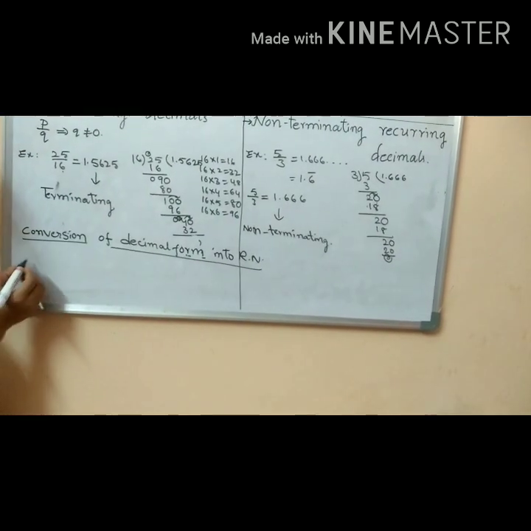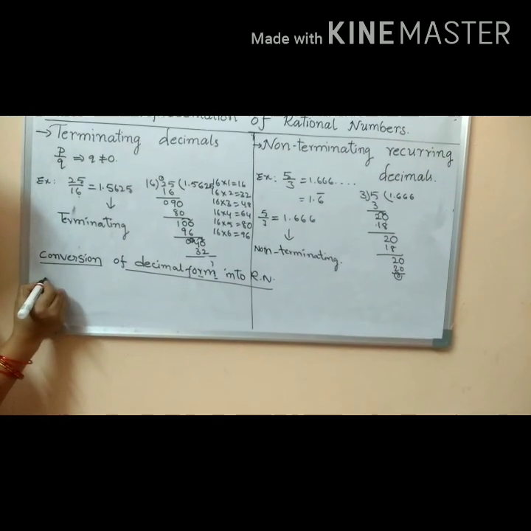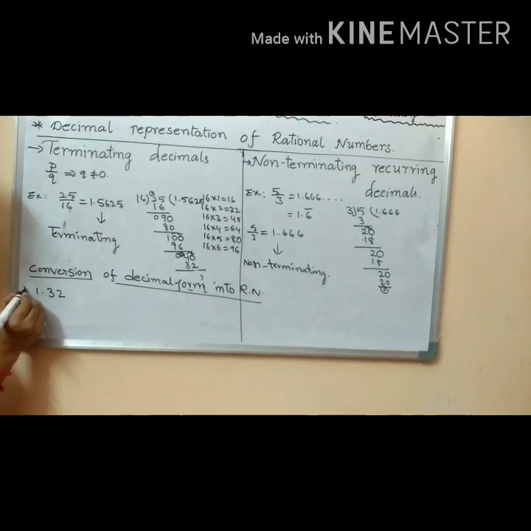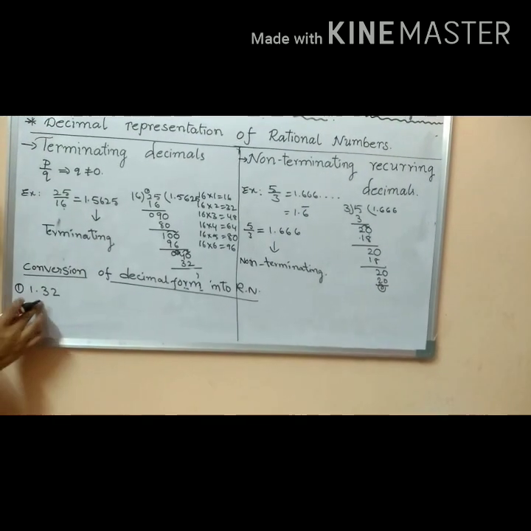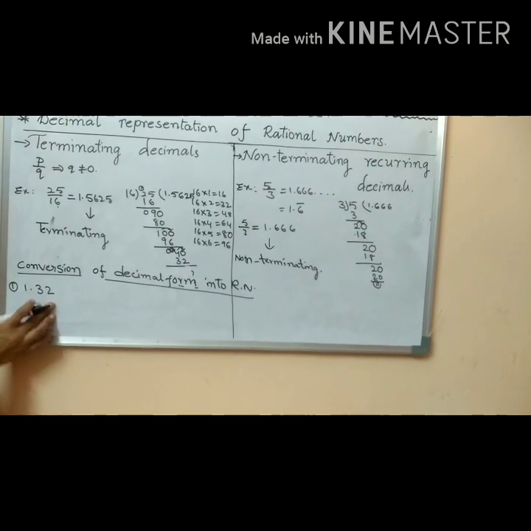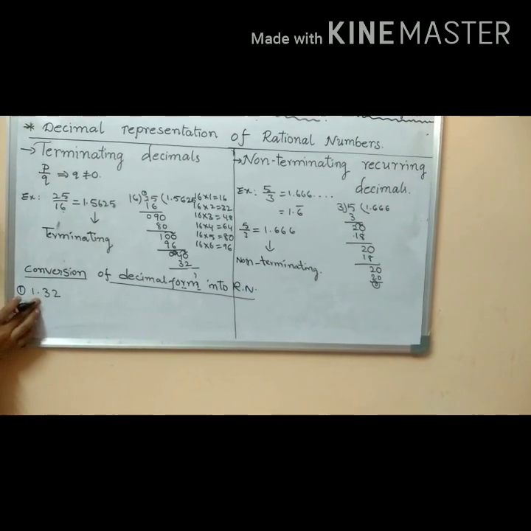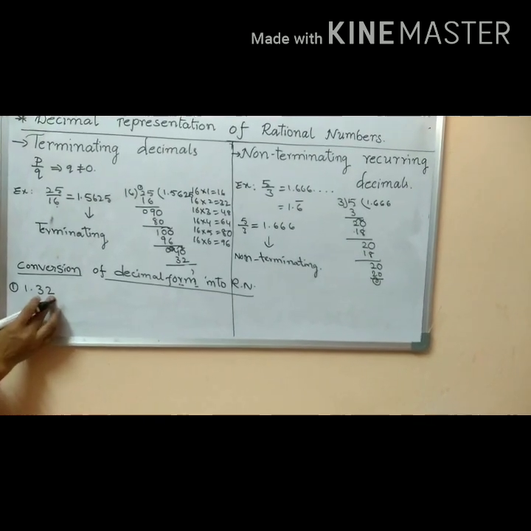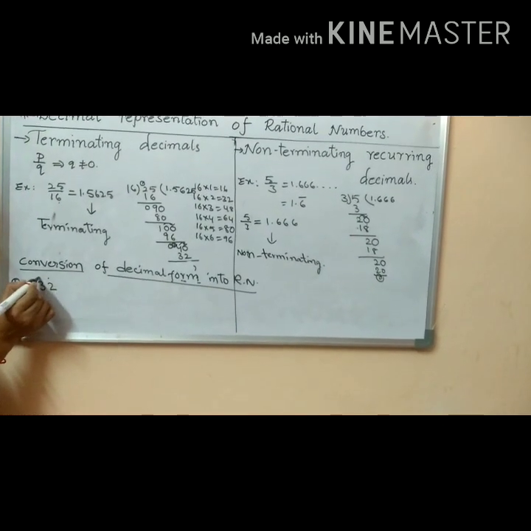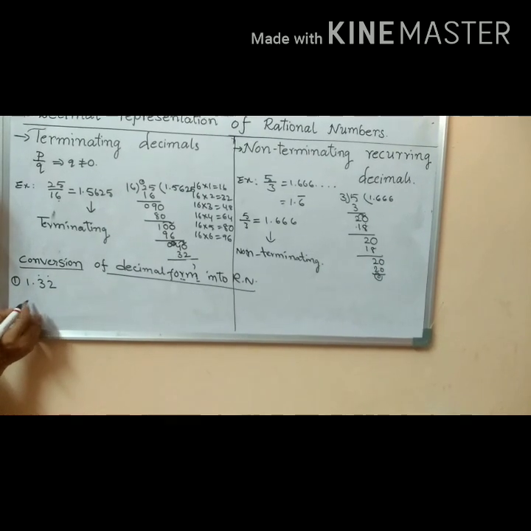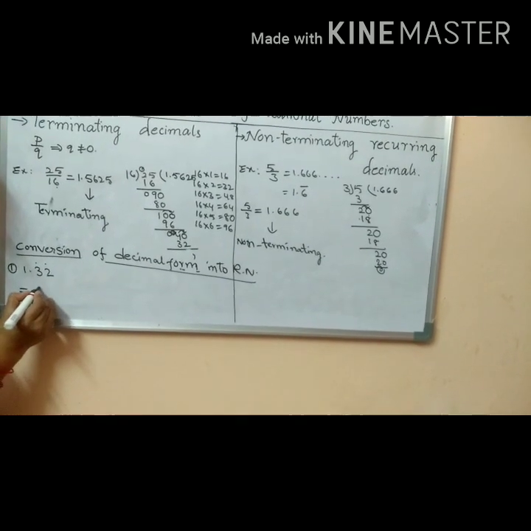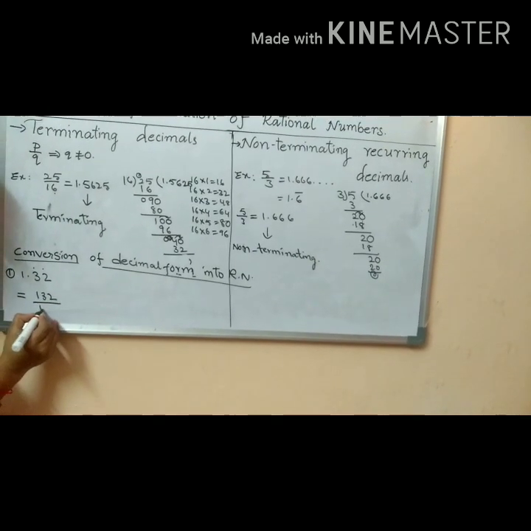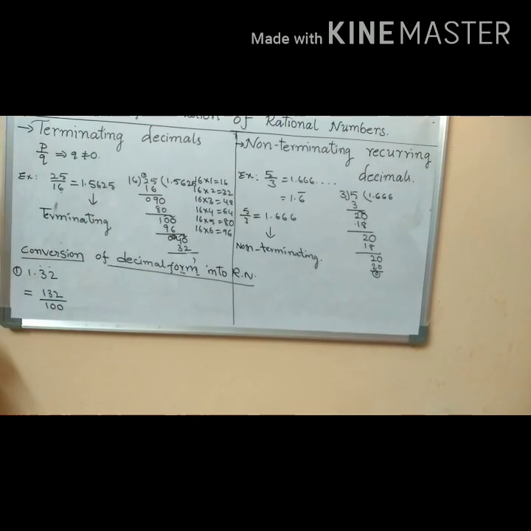For example, here 1.32 is a decimal number. Observe how many digits are there after the point: 3 and 2, 2 digits are there. Then we write 132 by, and the denominator is 1 after 2 zeros.